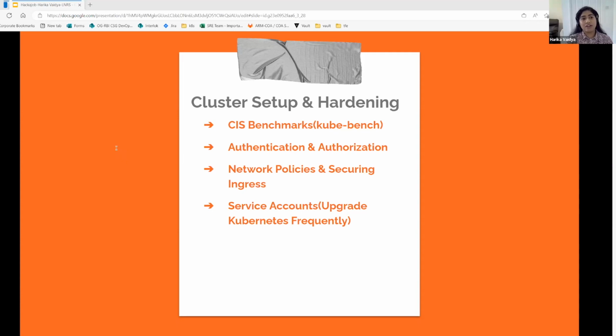Finally, talking about monitoring, logging, and runtime security. In the context of containerized environments, monitoring, logging, and runtime security are crucial aspects to ensure the stability and security of the applications running within the container. Monitoring enables you to detect any performance issues or errors that occur during the runtime of the container, while logging helps to capture all the necessary information required to debug the application or diagnose any issues that arise.